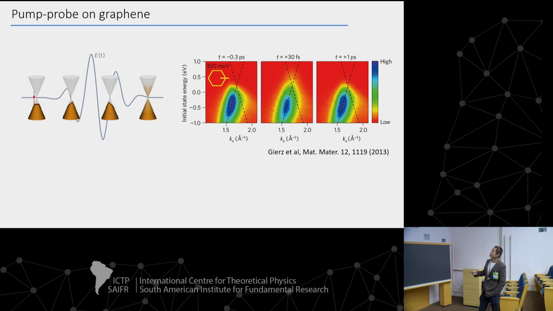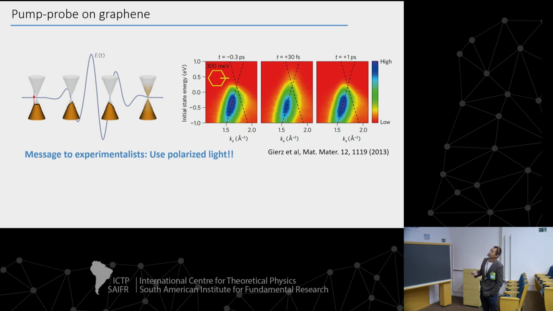Here they are measuring a specific momentum, shown in blue. And you see that during the pulse, some electrons are gone, right? Because they are excited to the conduction band. So what we're saying is that if you can manage to quantify the loss of this and divide it by the intensity of this, then you should be able to measure the quantum metric and hence the topological charge.